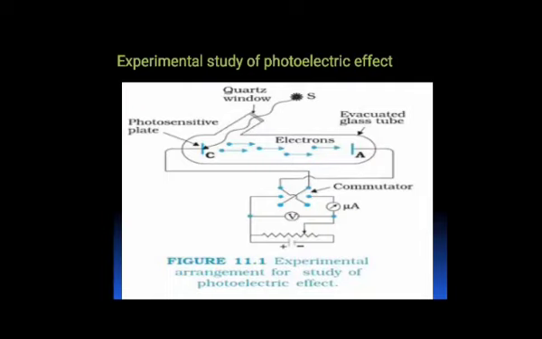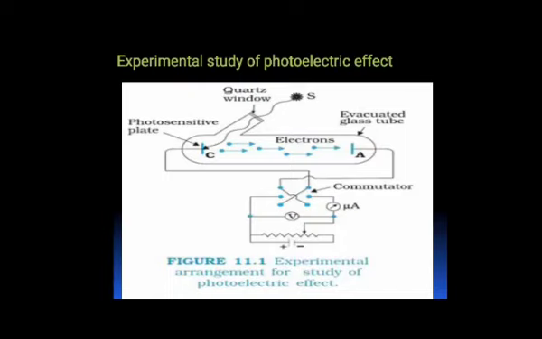S is the source of light, and inside the evacuated glass tube, C is the photosensitive plate coated with photosensitive material, and A is the collector plate. You are observing positive and negative signs there.